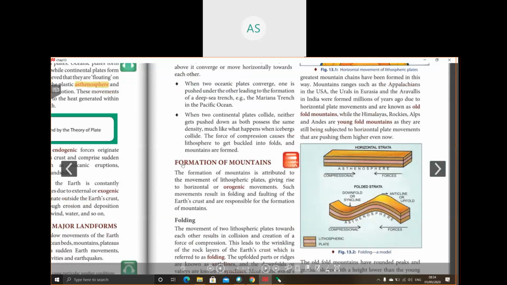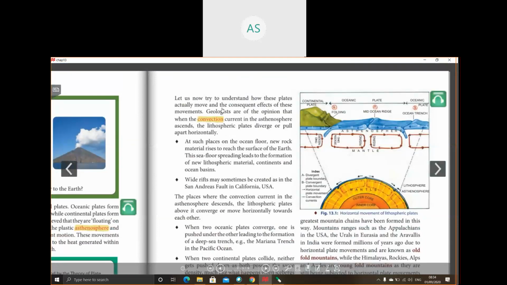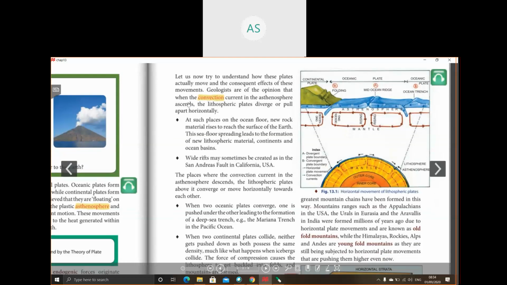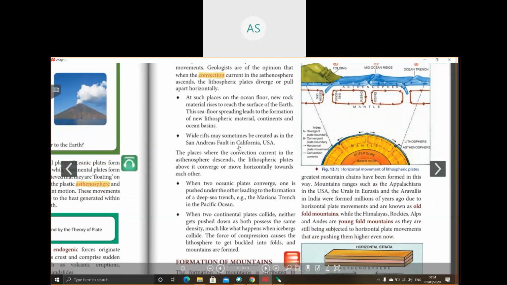Now, let us try to understand how these plates actually move and the consequent effect of this movement. Geologists are of the opinion that when the convection current in the asthenosphere ascends, the lithosphere plates diverge or pull apart horizontally. As in the previous video, I showed you divergence and convergence.